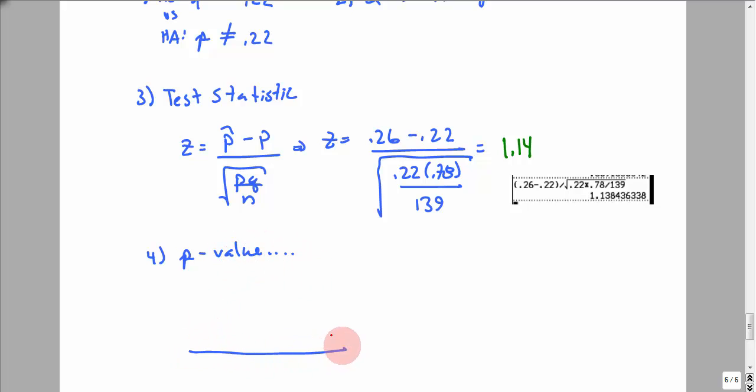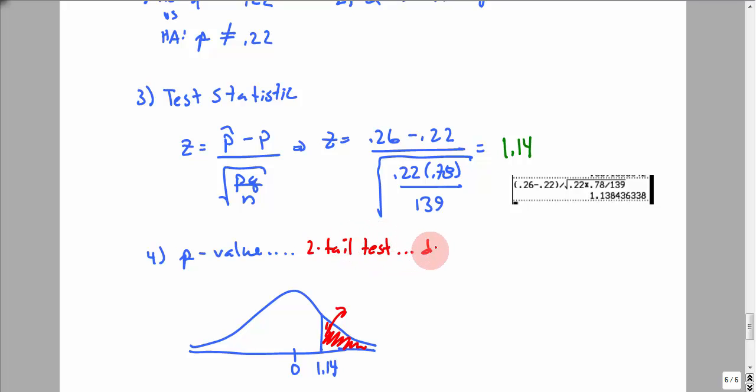So this is a two-tail test. So I have 1.14. So I'm looking for this area as extreme or more extreme. But this is a two-tail test. So I need to remember that we double the probability.